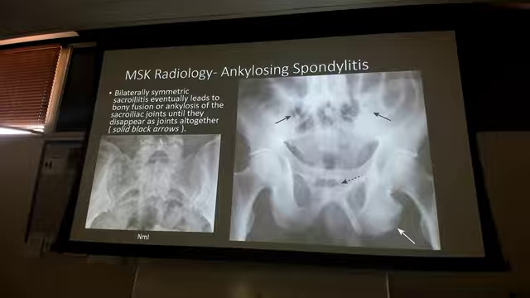That's what the white arrow is. Does everybody see the ankylosing spondylitis? Understanding how that works and what that looks like. Bamboo spine, fused SI joints, probably fused pubic symphysis, under 40, back pain.